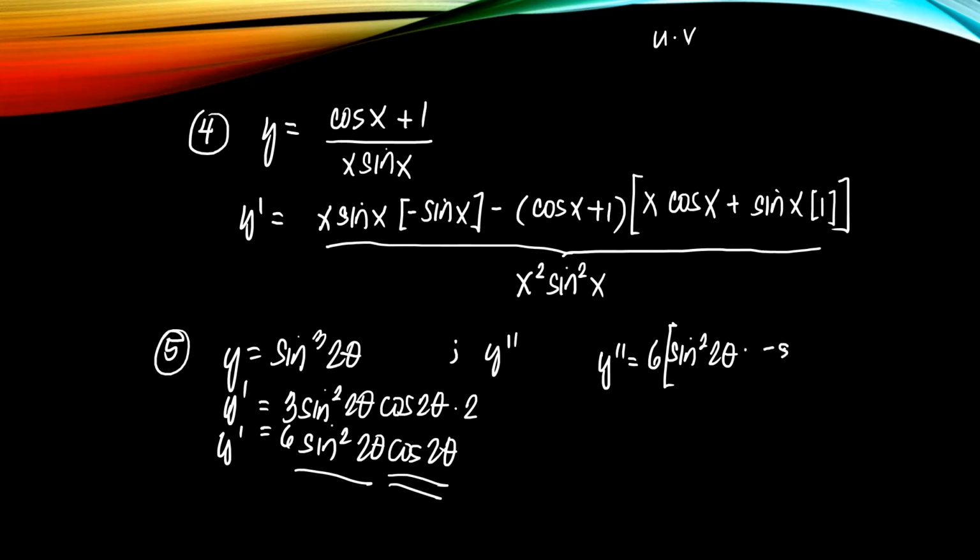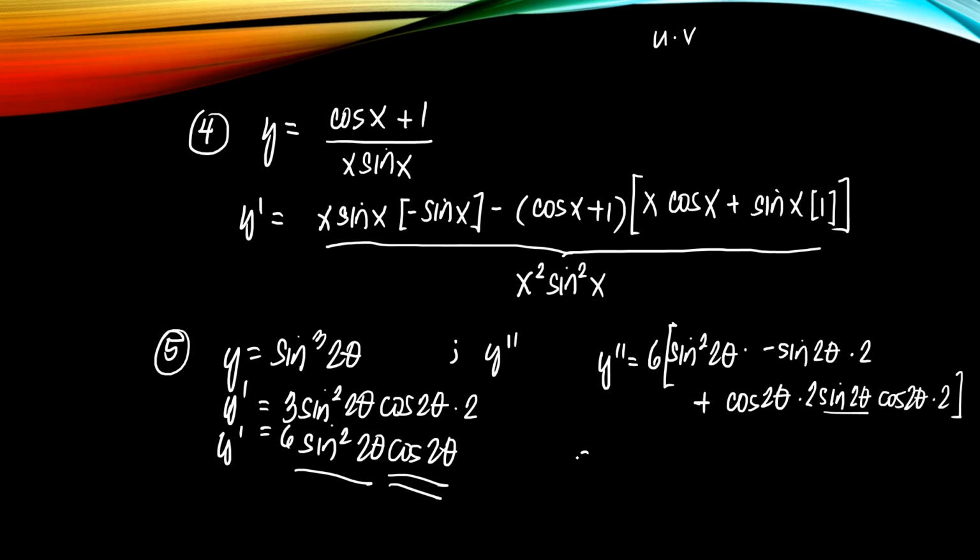Negative sine 2 theta times 2 plus, copy the second, derivative of the first. The first is a sine squared. Therefore, that's 2 sine 2 theta cosine 2 theta times 2.